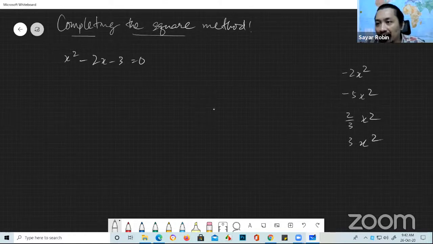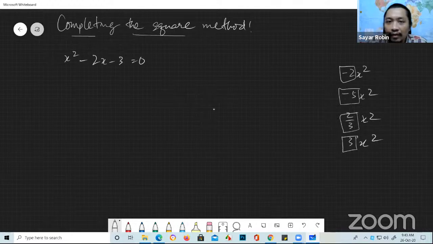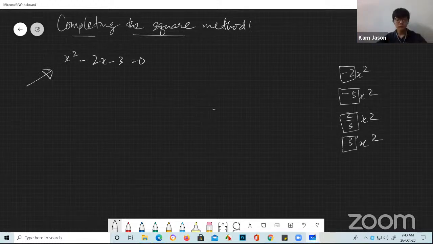The coefficient of x squared is negative 2. The coefficient of x squared is negative 5. The coefficient of x squared is 2. The coefficient of x squared is 3. In this expression, what is the coefficient of x squared? 1. Thank you very much. Exactly.